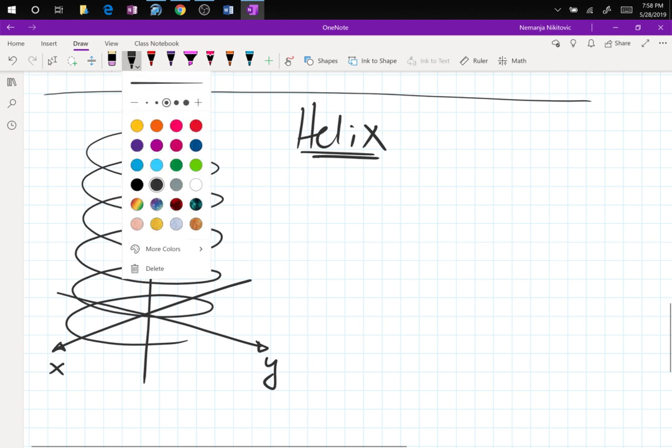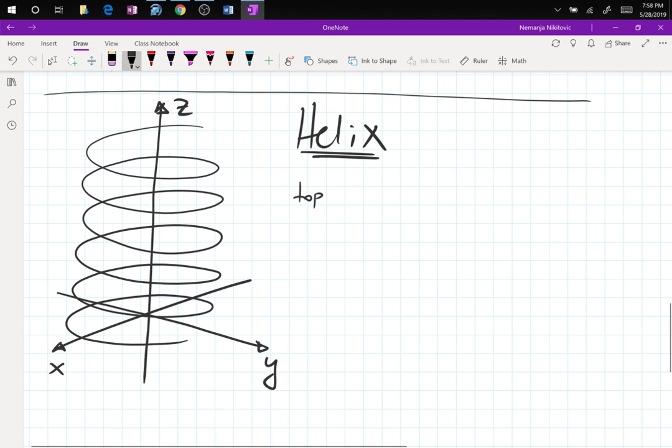So for the helix, top view, circle. Now, when you take a look at the top view, you don't see the z-axis. You do not see the progression of the helix up or down. All you see is the xy coordinate plane, and all you see is a circle.